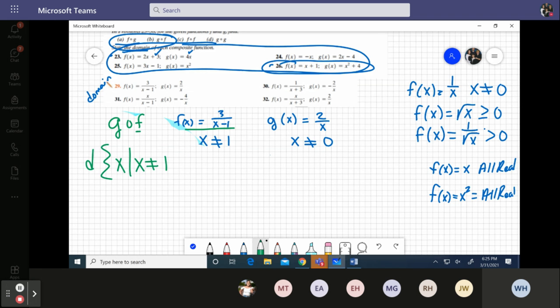Well, what would the composite function of g of f look like? This time, I need to put f into g of f. So if I said 2 over 3 over x minus 1, it can't be a 0. I gotta divide by 3 over x minus 1.